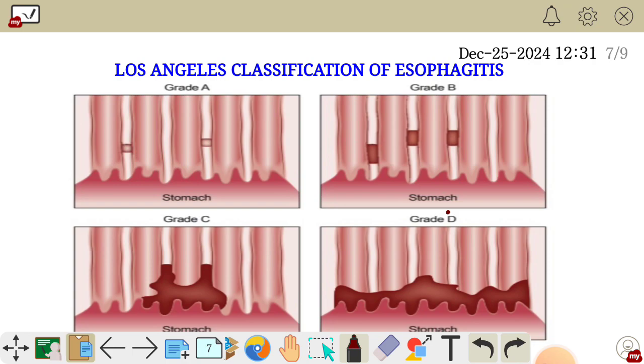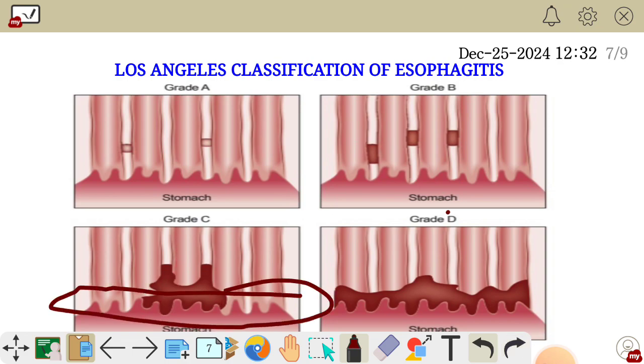But in grade C, we have breaks that are now crossing the tops of the folds, but they are not completing the circumference of the esophagus. So remember, we have these 2 folds here, and the lesion has crossed the folds, but it is not affecting the whole circumference of the esophagus.